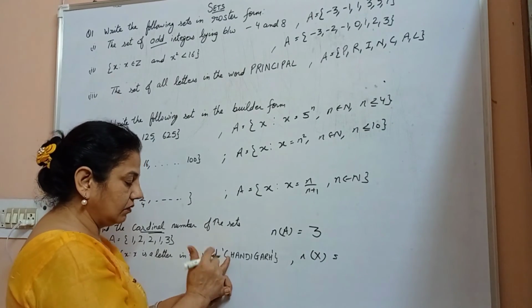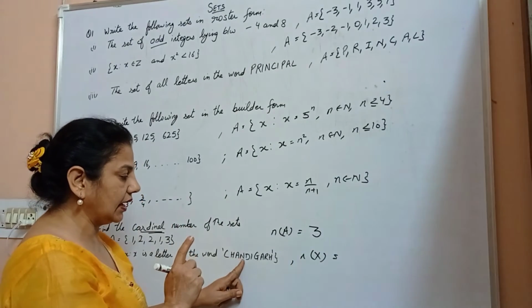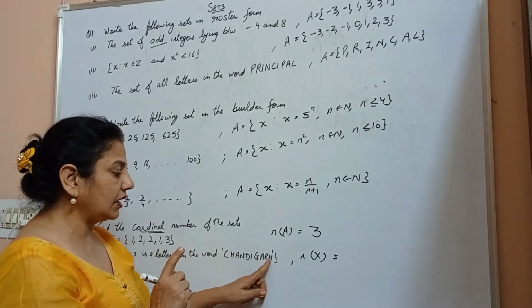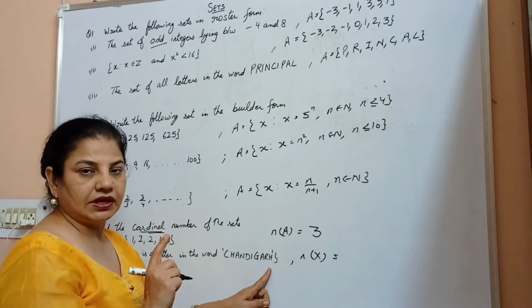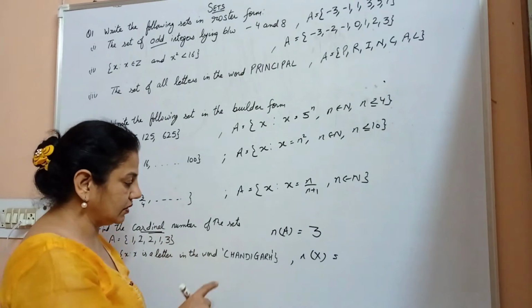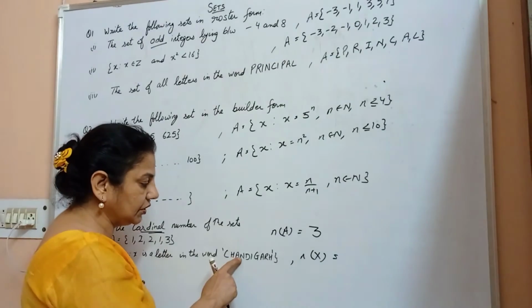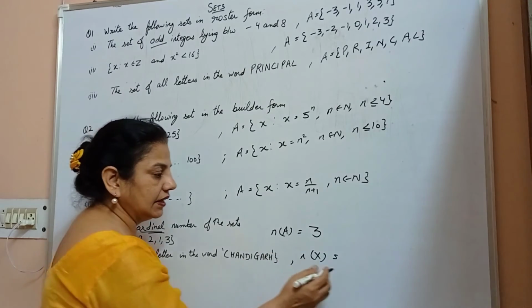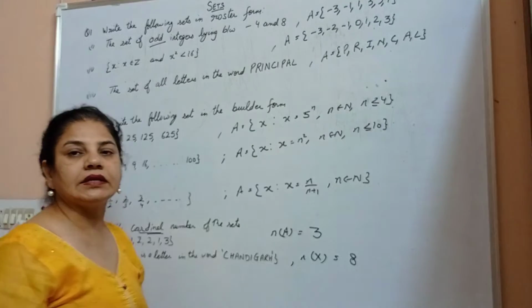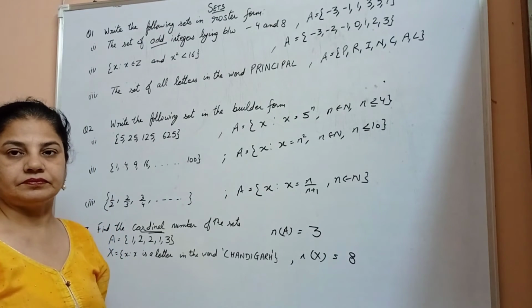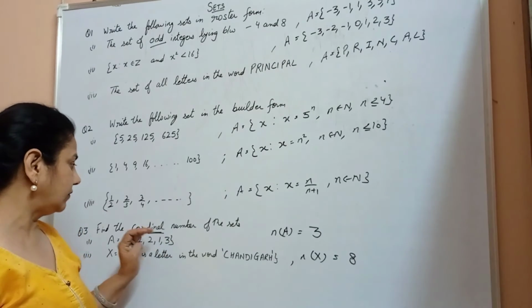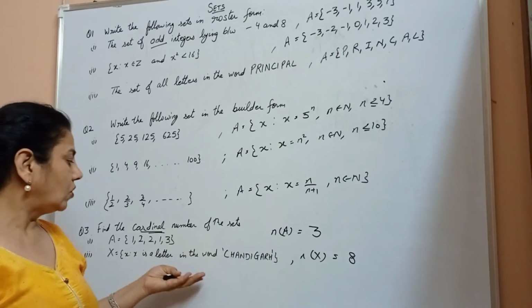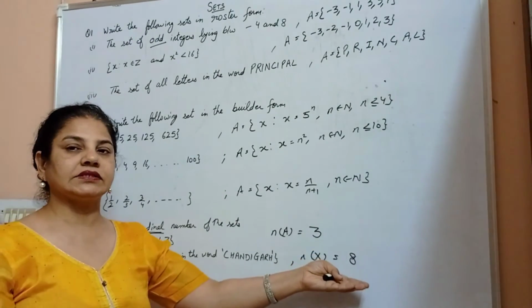So C, H, A, N, D, I, G, where A and H are repeated, so I will not count A and H again, I will count only R. So start counting. 1, 2, 3, 4, 5, 6, 7 and 8. So the number of letters is 8 in this case. The cardinal number of this set is n(X) is equal to 8.